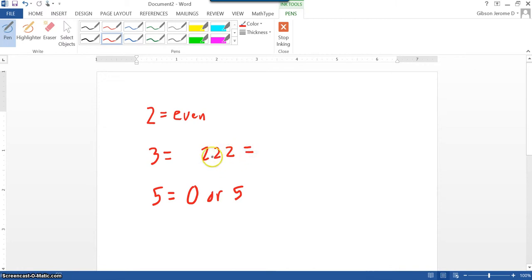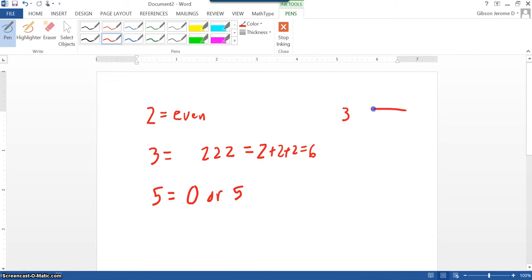We're going to add all of these digits individually. 2 plus 2 plus 2. And we know that equals 6. So we ask ourselves, does 3 go into 6? Yes, it does. So we would take 3 into 222.